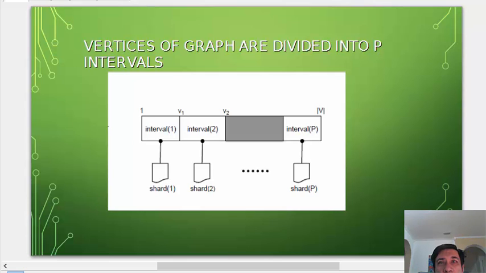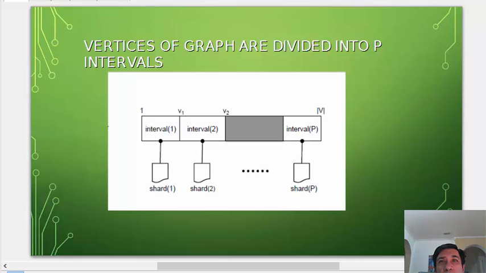Second, because the edges are ordered by their source, the out-edges for the vertices are stored in consecutive chunks in the other shards, requiring additional P-1 block reads.